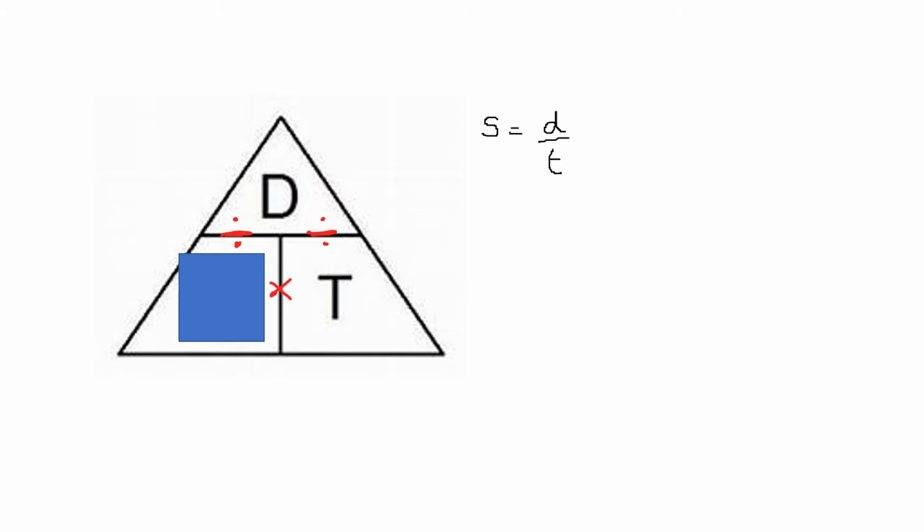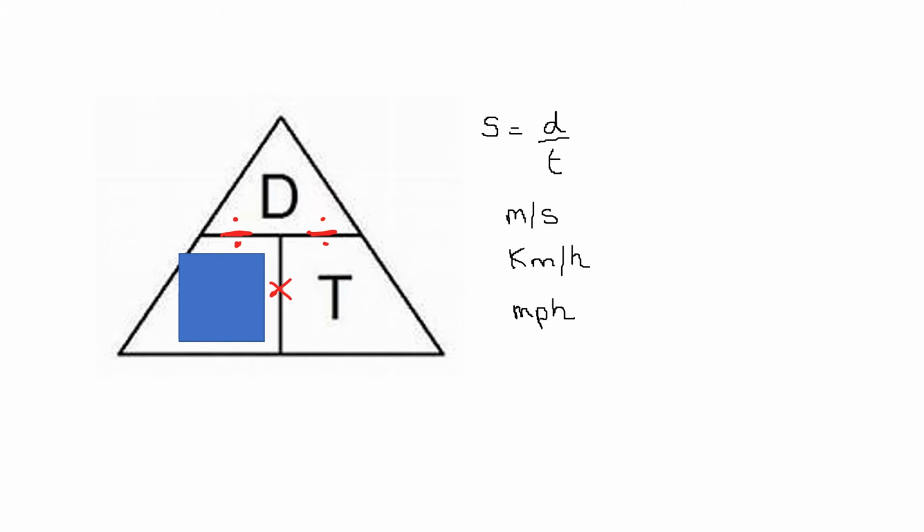The reason that we divide distance by time is that speed is a measure of the distance that we go per unit of time. So we might be looking at units like meters per second, kilometers per hour, or miles per hour.